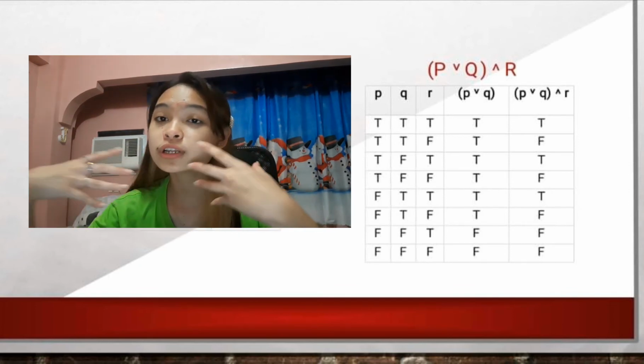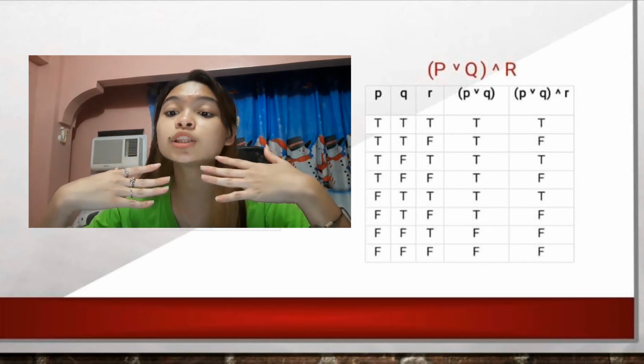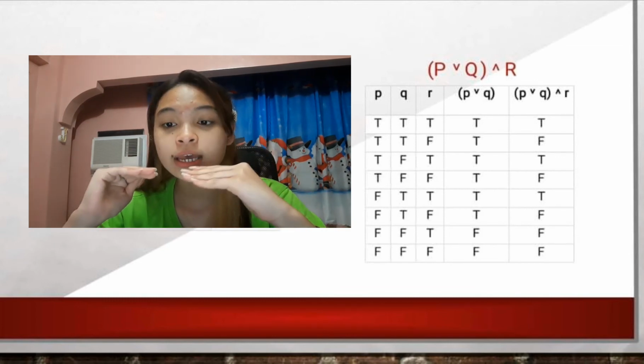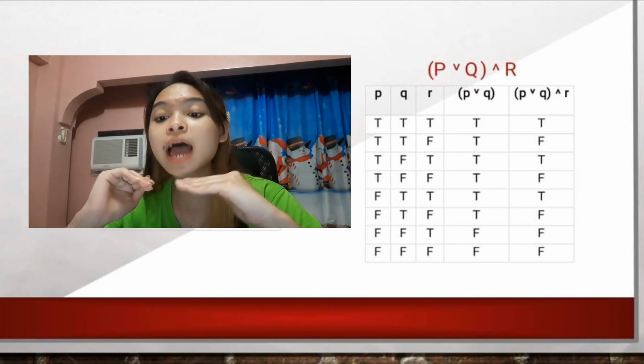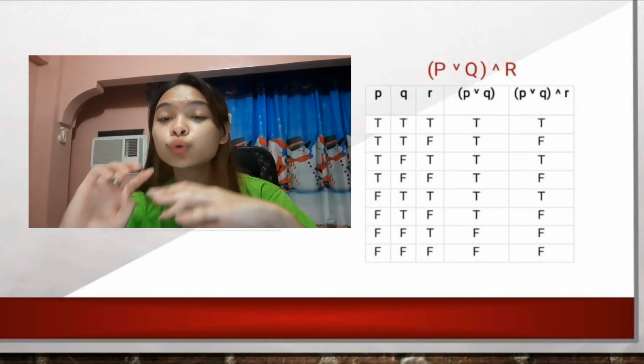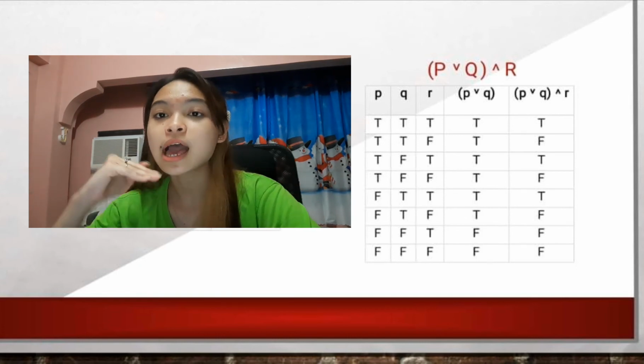Then after that, you'll have it divided into 2, then divide it into 2. Then T, F, F. Then divide it both into 2 different parts. So TT, FF, TT, FF.